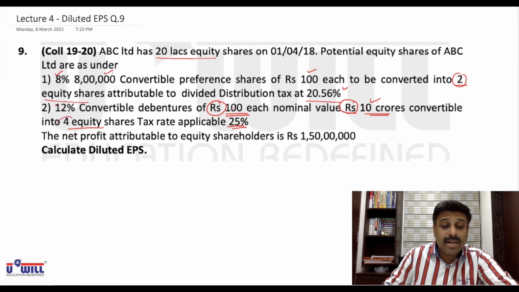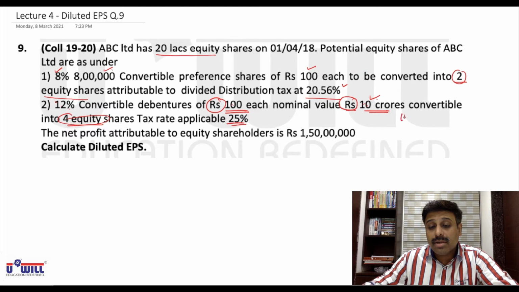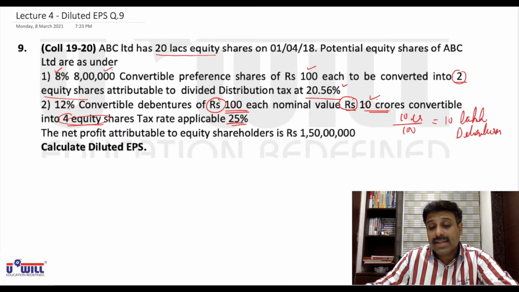They will get converted into 4 equity shares, means 40 lakh equity shares will be potential equity shares. The net profit attributable to equity shareholders is 1 crore 50 lakhs.